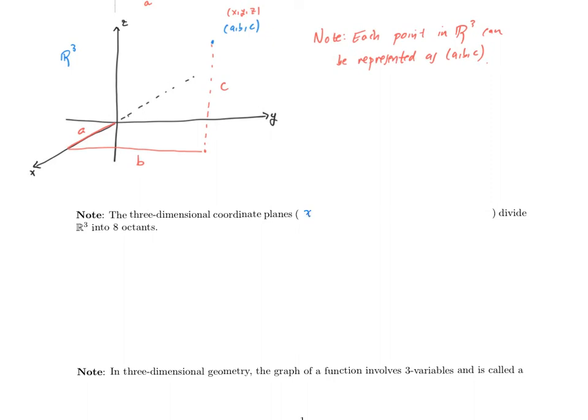That is to say, we have the xy plane, which we think of as this plane determined by the x and the y axes. We also have the xz plane, which we think of as being determined by the x-axis and the z-axis. So it's kind of coming straight out of the board at us. And then flat in the board or flat in our screen would be the zy plane.